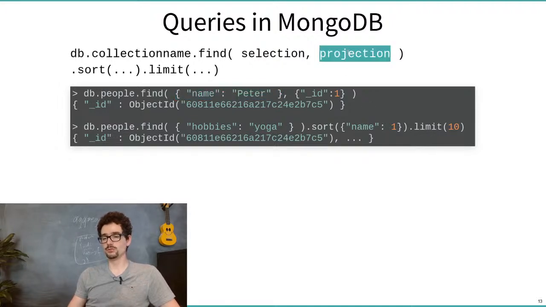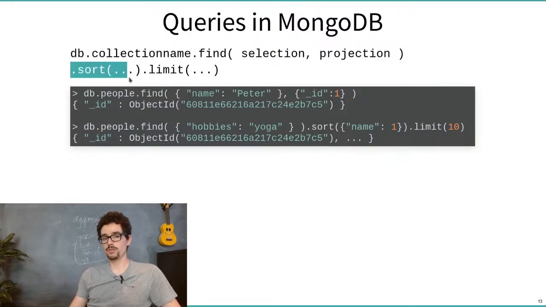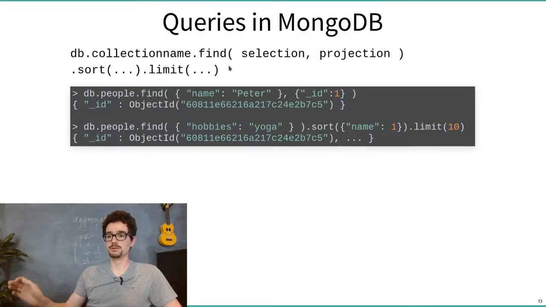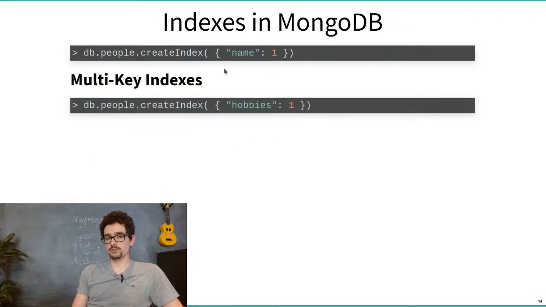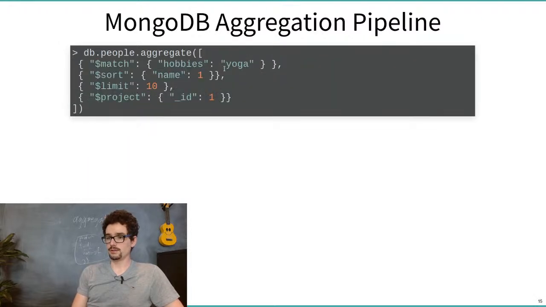You can have a projection: I'm not interested in all fields, but only in those and not in those. You can sort the result, limit, and paging, so skip and offset for the limit is also possible, but that's it. More complex queries, for example, group by and so on, are possible with an aggregation pipeline.